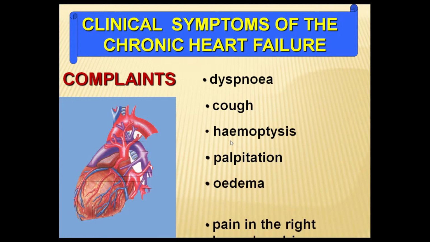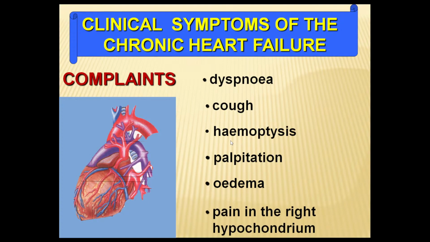Edema and pain or discomfort in the right hypochondrium indicate congestion of blood in the greater circulation due to right ventricular failure. In other words, when your patient with a heart problem complains of dyspnea, cough, hemoptysis accompanied with palpitation, or edema, discomfort in the right hypochondrium again accompanied with palpitation, which shows involvement of the heart, we must think about heart failure.